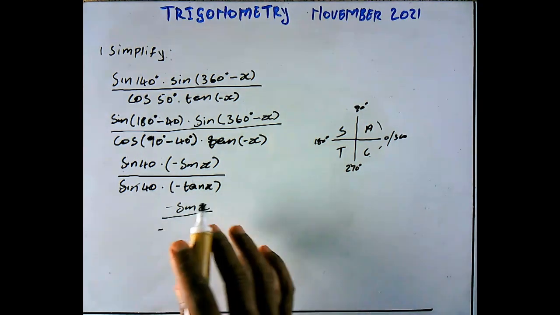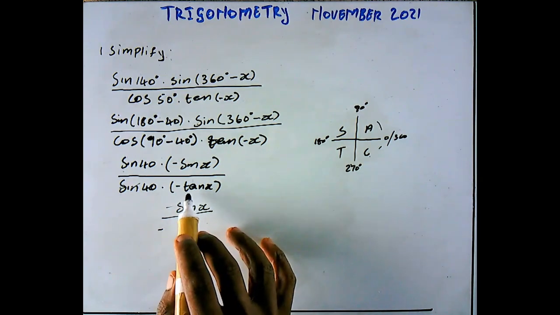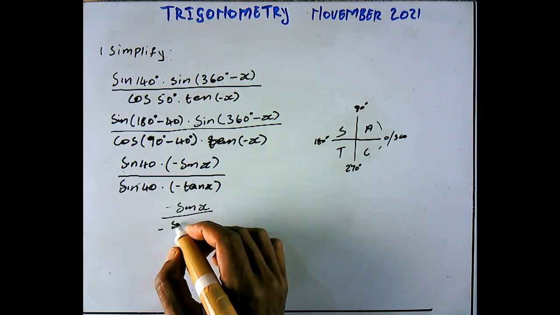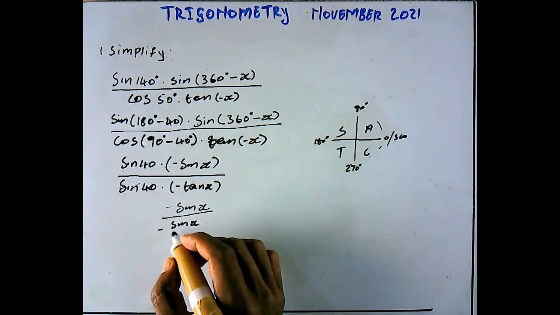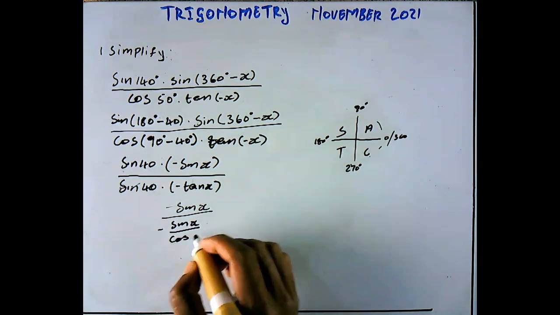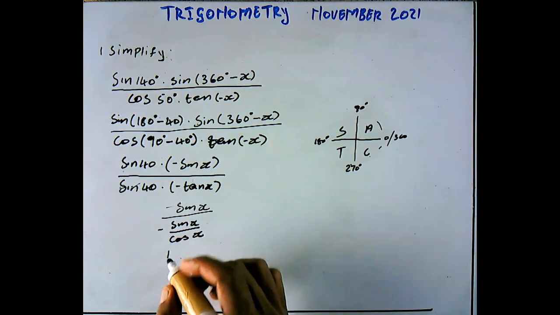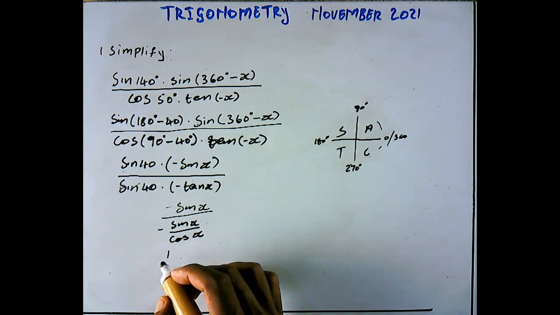You can write tan as a quotient identity: sine x over cos x. Then you can flip and multiply.